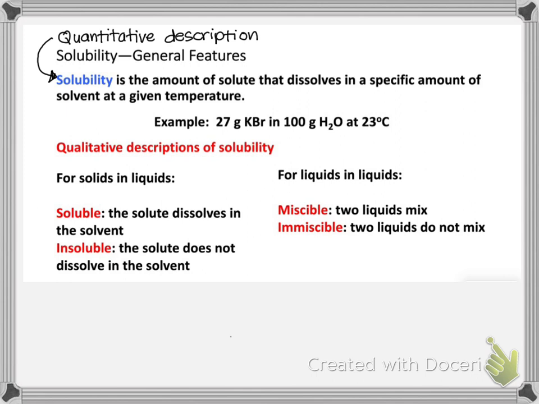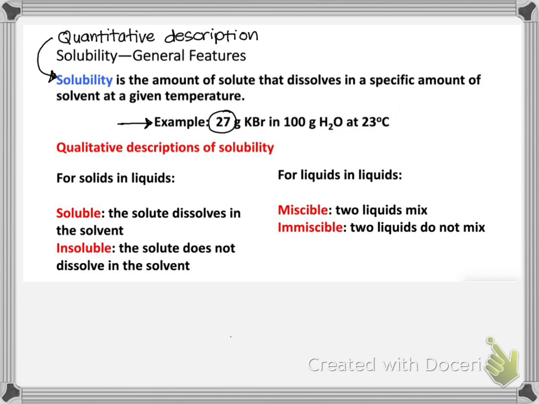So in this particular example, it says that 27 grams potassium bromide is dissolved in 100 grams of water at 23 degrees Celsius. So this right here is the solubility of potassium bromide at 23 degrees.